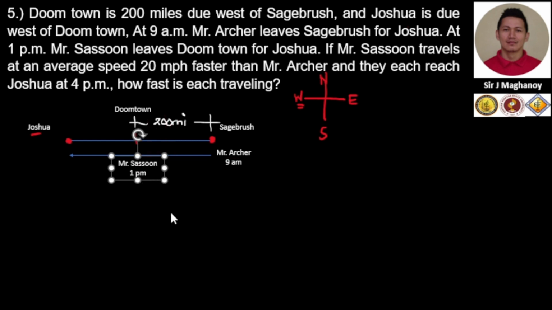Everybody's chasing him. If Mr. Sassoon traveled at an average speed of 20 miles per hour faster than Mr. Archer, and they reach Joshua at 4 p.m.